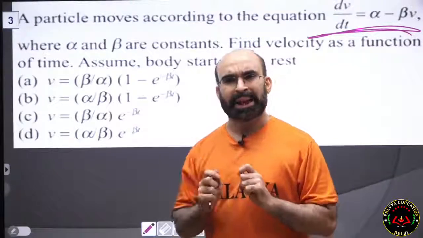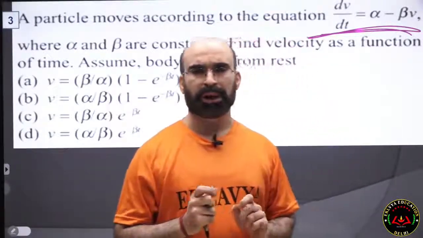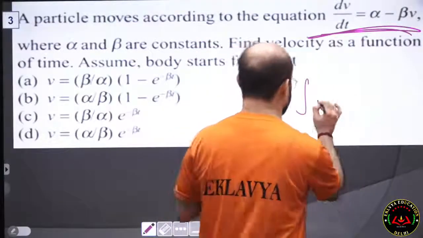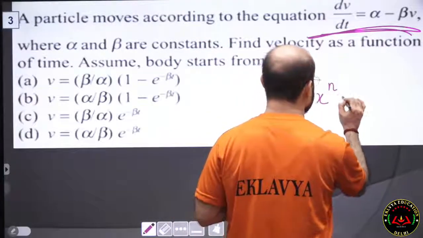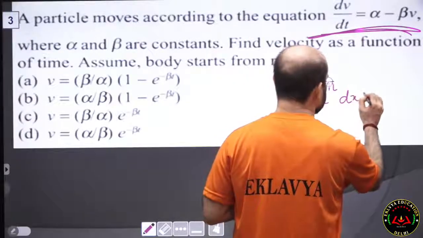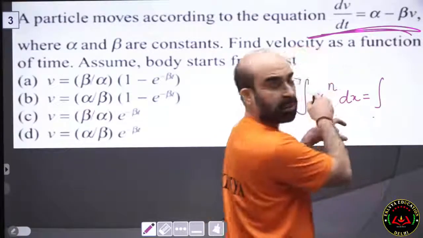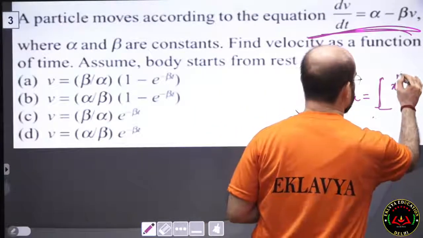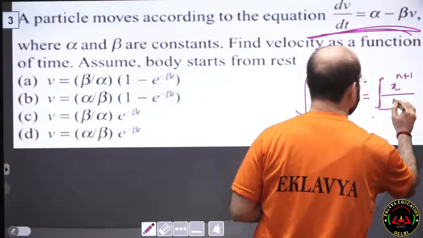So quickly, at this moment, what you need to do is just master this thing only: integral of x raised to power n into dx. This we call an algebraic function. The result is x raised to power n plus 1 divided by n plus 1.